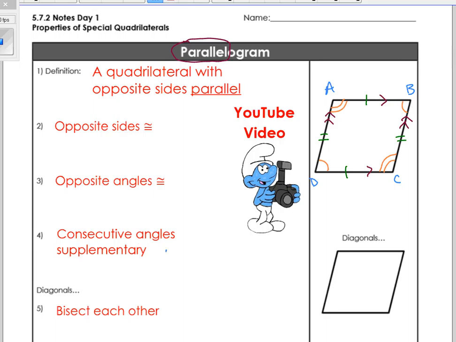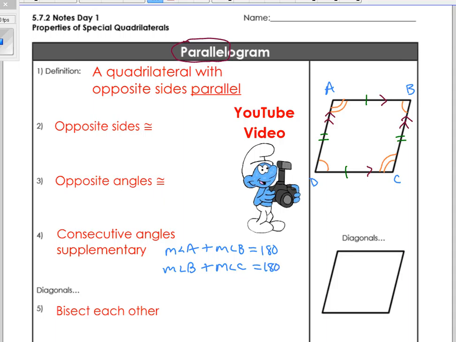So right here, why don't you write the measure of angle A plus the measure of angle B equals 180. We could also say that the measure of angle B, if instead of going backwards to A, we could also go to C and say plus the measure of angle C equals 180.